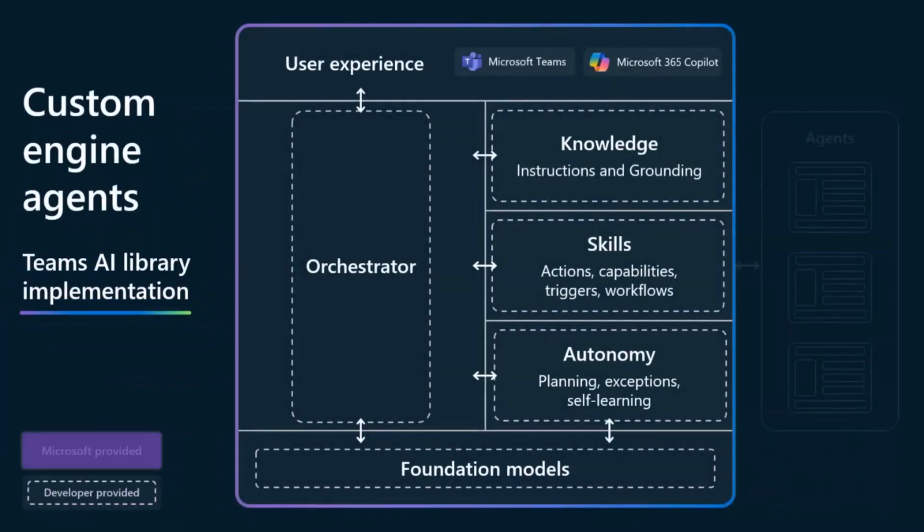And with custom engine agents in particular, you have complete control of the stack from the foundational models, orchestrator, and the knowledge, skills, autonomy, and then you can go and launch on Microsoft Teams or in Microsoft 365 Copilot.